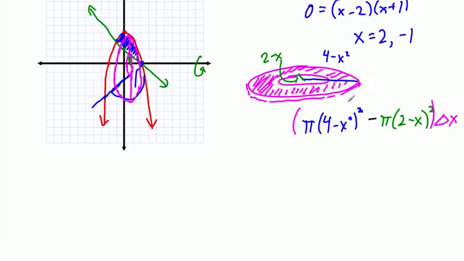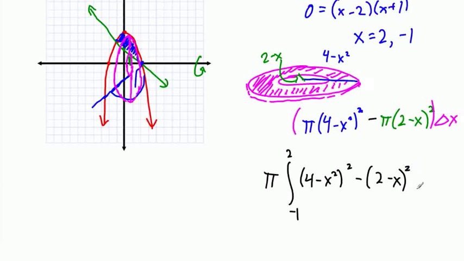So my integral, if I add all these washer looking things, you're going to end up getting, well, both of these have pi, so I can factor out a pi. Integral from -1 to 2 of 4 minus x squared, squared, minus 2 minus x, squared, and then delta x becomes dx.